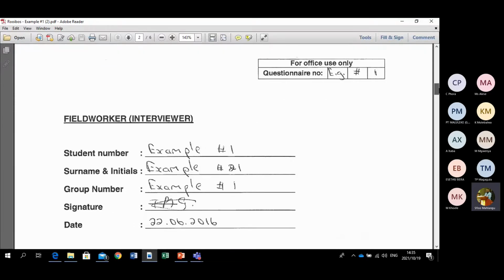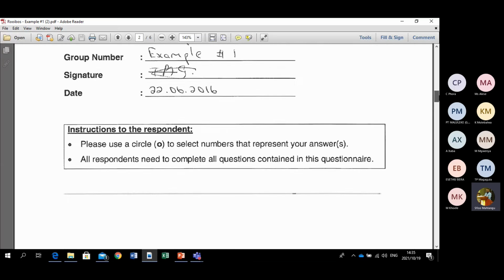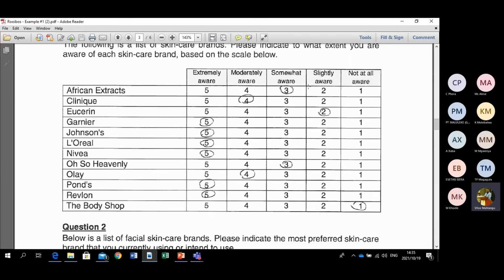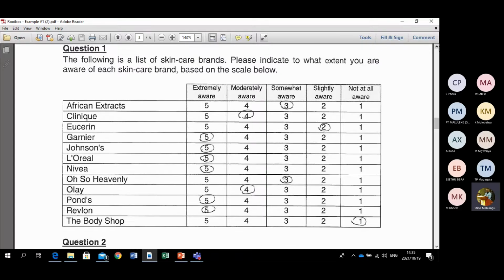This is a scanned questionnaire. People were interviewed and then we completed the questionnaire by, in this case, instead of a cross, circling the answers.